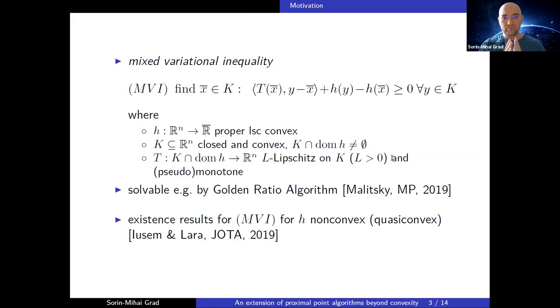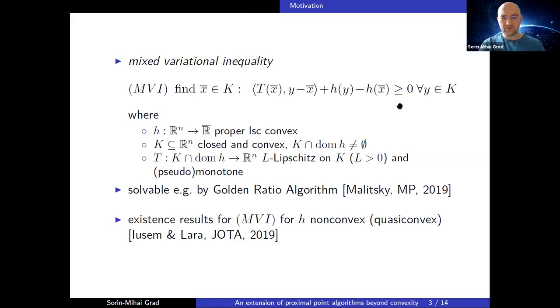So the thought behind the following slides was, let's try to mix somehow their ideas, or take something from the quasi-convex world in order to design an algorithm, or modify some algorithm which could solve such problems in the non-convex case.